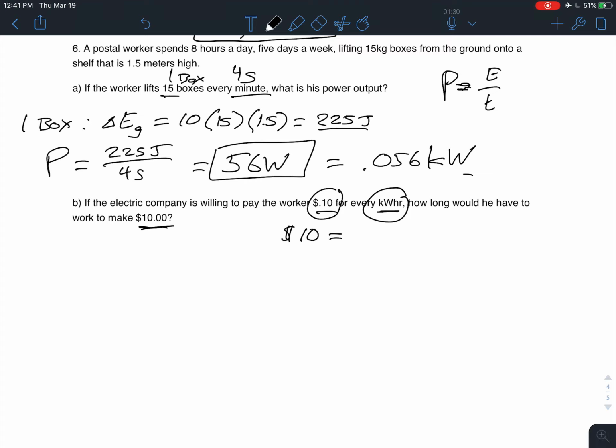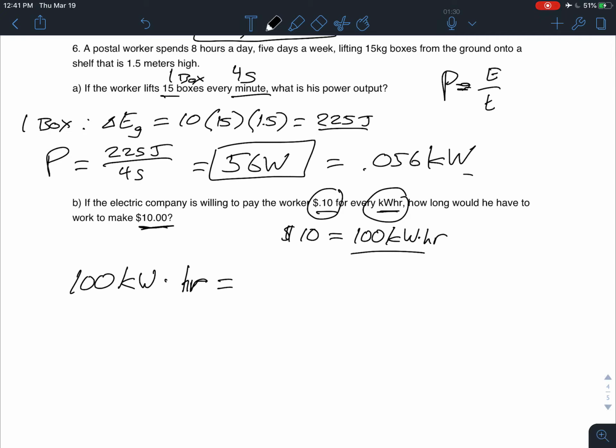So multiplying that by 100, that means $10 is going to get you 100 kilowatt hours, right? So we need to know how long it's going to take our worker working at this speed to get 100 kilowatt hours. Well, 100 kilowatt hours is 100 kilowatts times an hour.